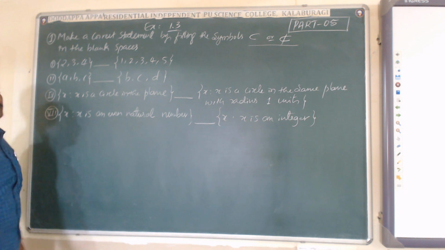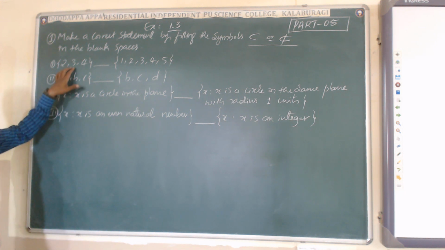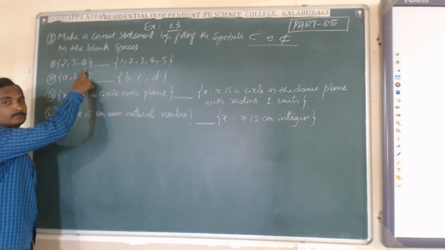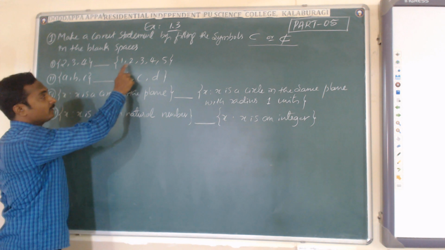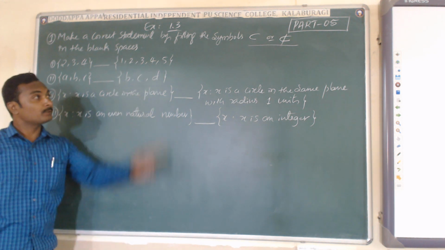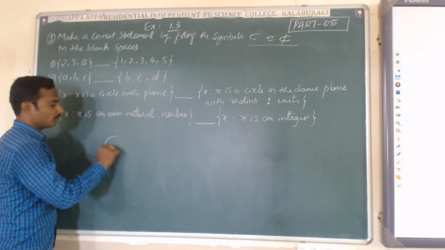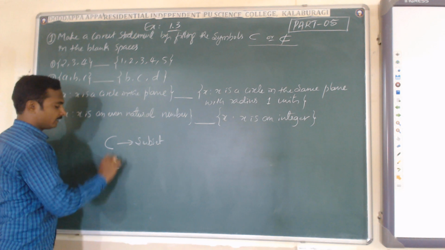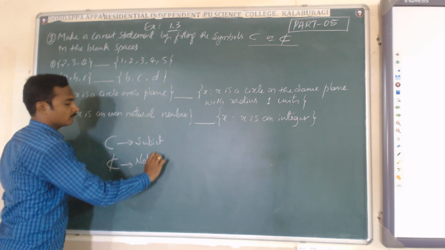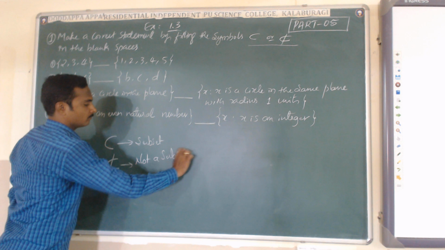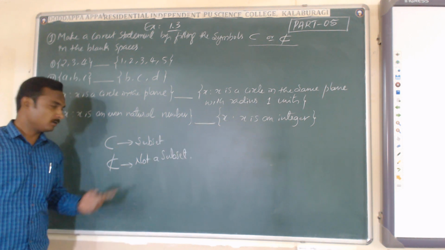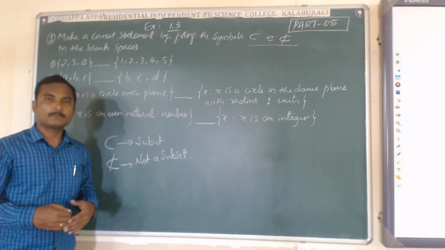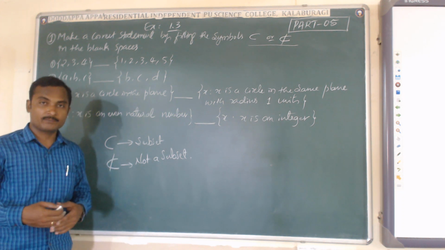The first one, look at the first set. The first set contains 2, 3, 4, and the second set contains 1, 2, 3, 4, 5. We have to use one of the symbols, either subset or not subset. I just want to recall: if all the elements of the set A belong to the set B, then A is a subset of B. Already we know this definition.